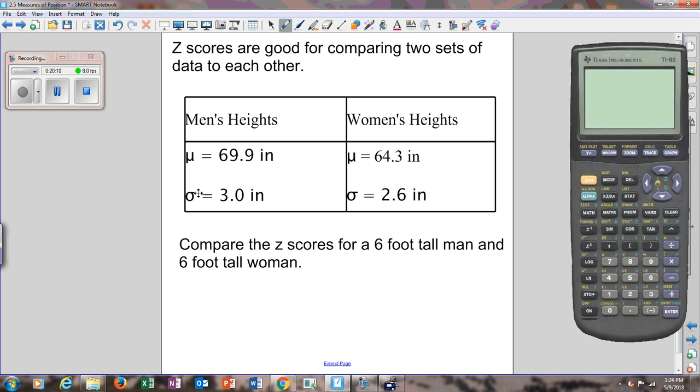But if we want to actually figure out how much different they are, then we need to use our z-scores. So 6 foot tall is 72 inches. All right, and so the z-score for a 6 foot tall man would be 72 minus 69.9 divided by 3.